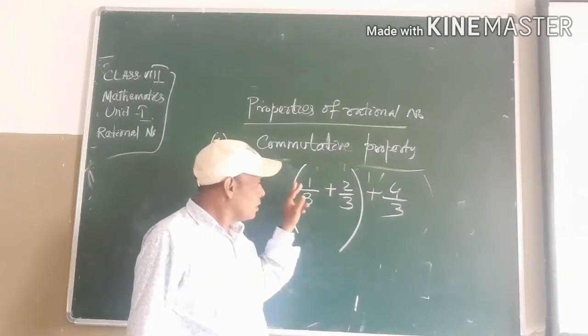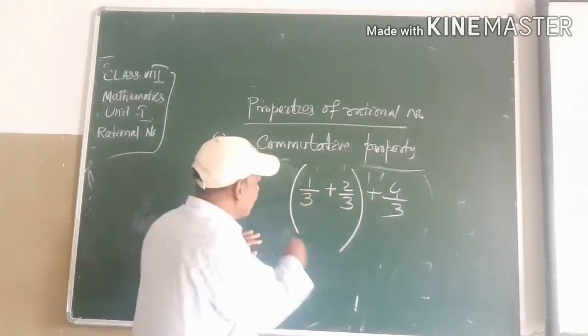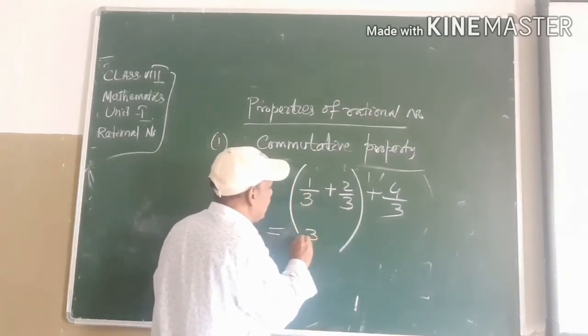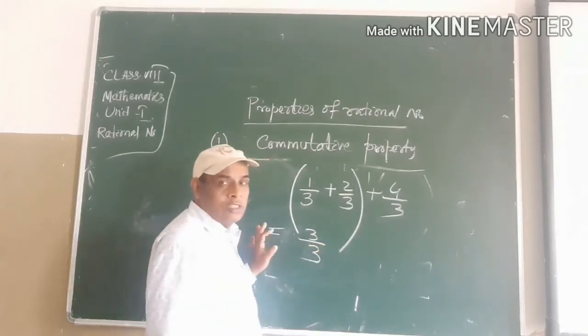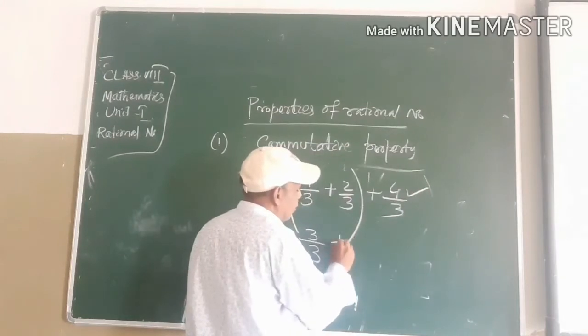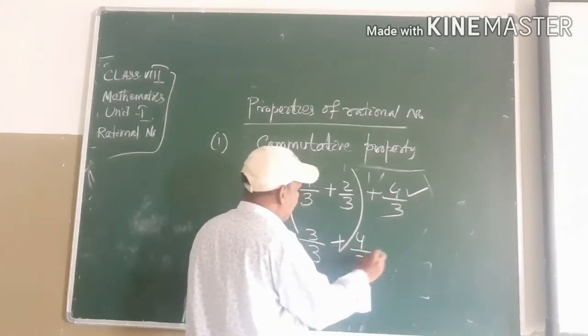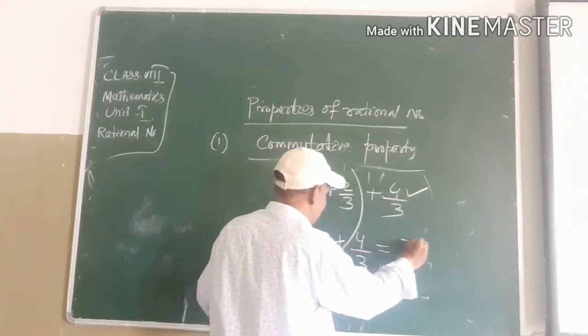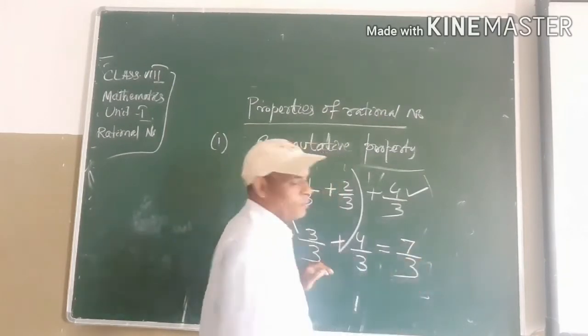So what did we get? We got 3 by 3. So this 3 by 3 will be added to the third one, 4 by 3. So what will we get now? We will get 7 by 3.